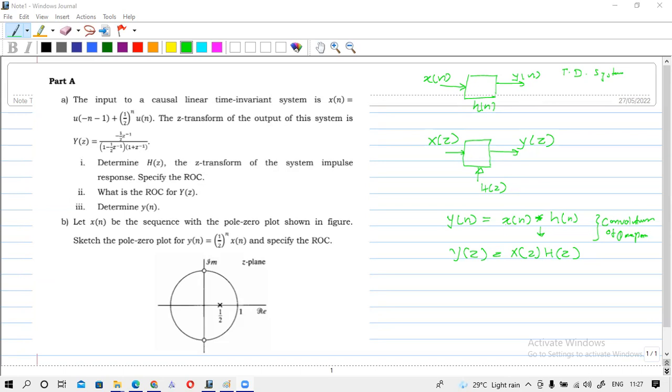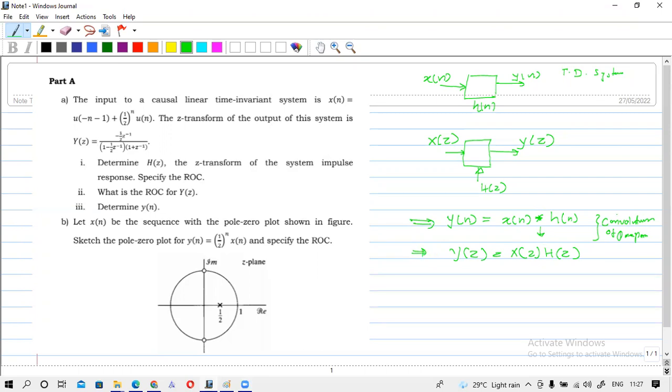If I write the expression for the output in time domain, the output will be x[n] convolved with the unit impulse response h[n]. But if you write in Z domain, this convolution will become a multiplication.